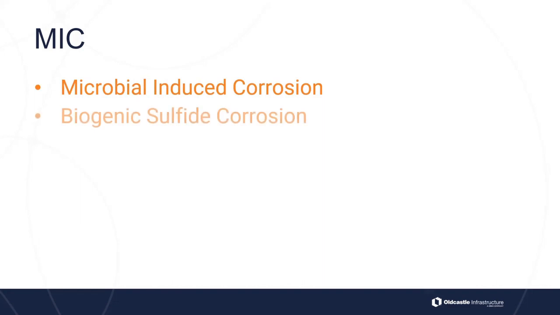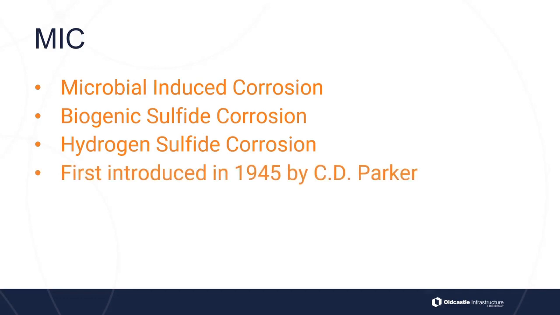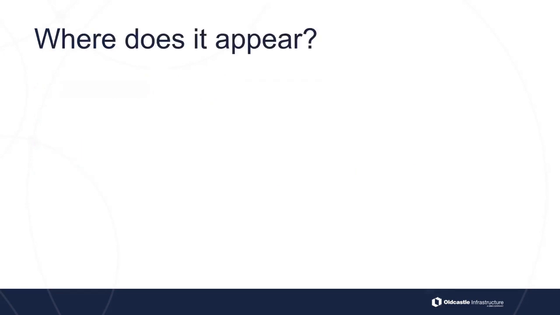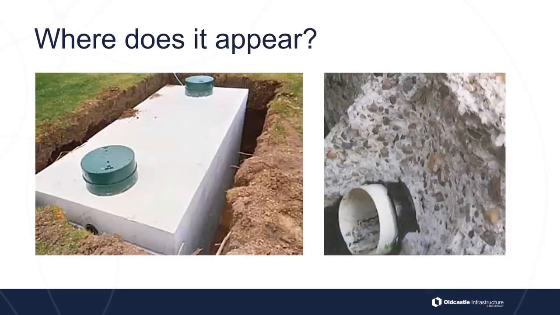Microbial induced corrosion, or MIC, has been called over the years biogenic sulfide corrosion or hydrogen sulfide corrosion, but it was first introduced in 1945 by C.D. Parker. Now, where does it appear? Most commonly, it appears in septic sewer tanks, precast septic sewer tanks.